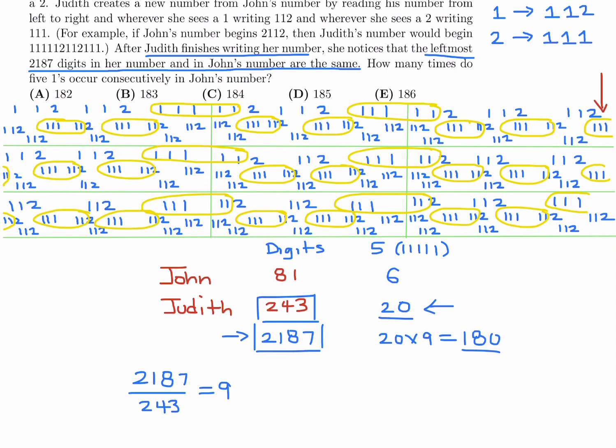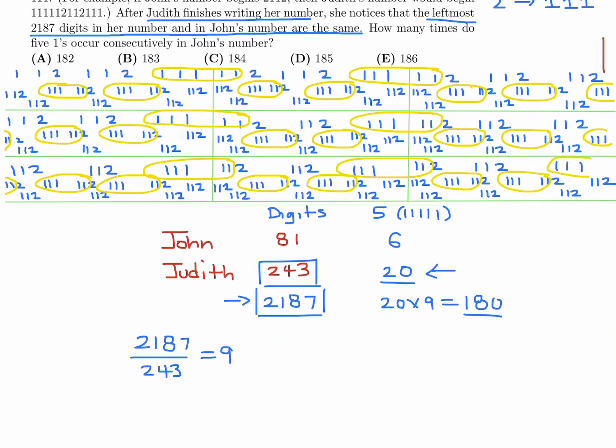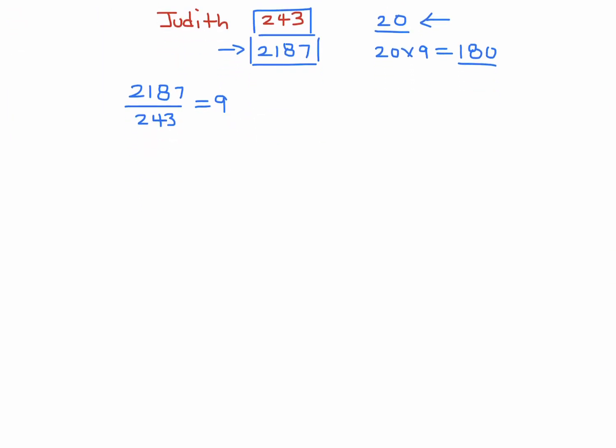So to explain that, I've got to make a little bit of a table. So here we go. I wanted to keep John and Judith's numbers, at least the first 81 digits for John and the first 243 digits for Judith, on the screen.